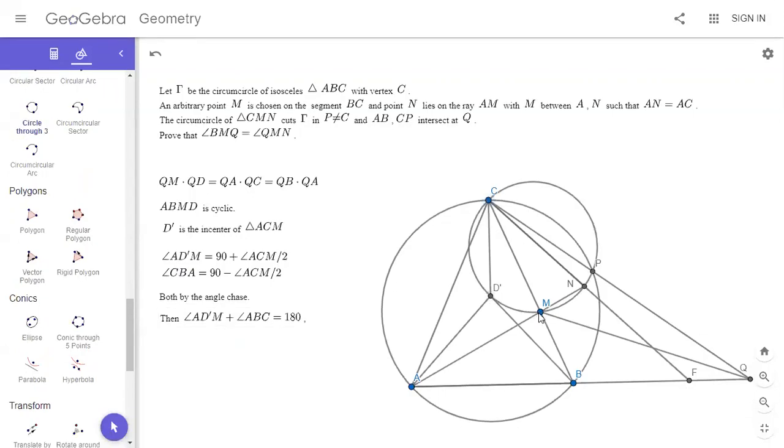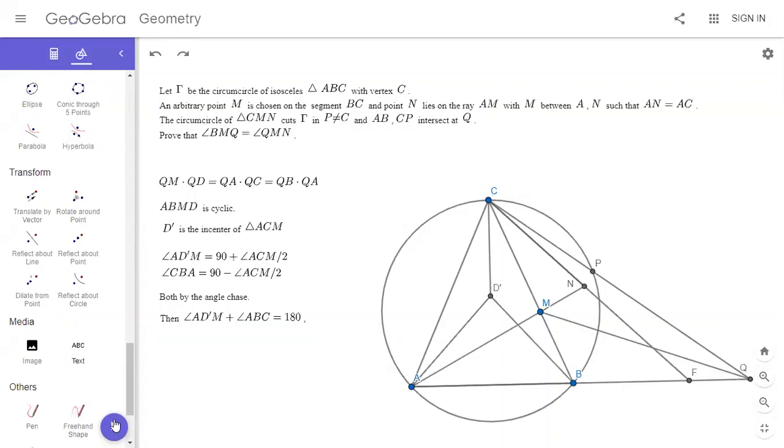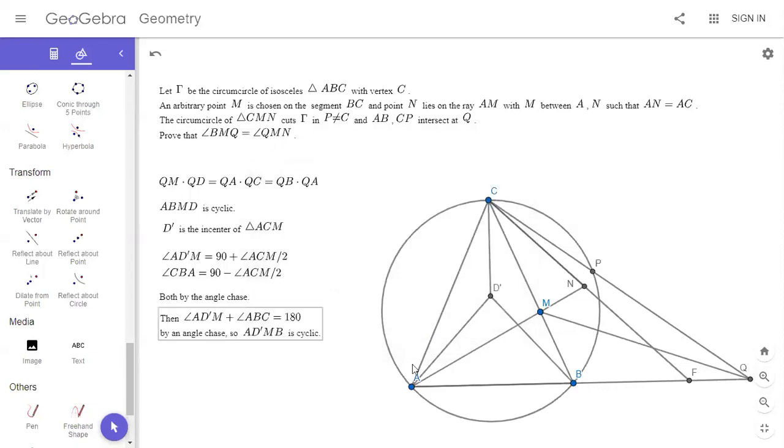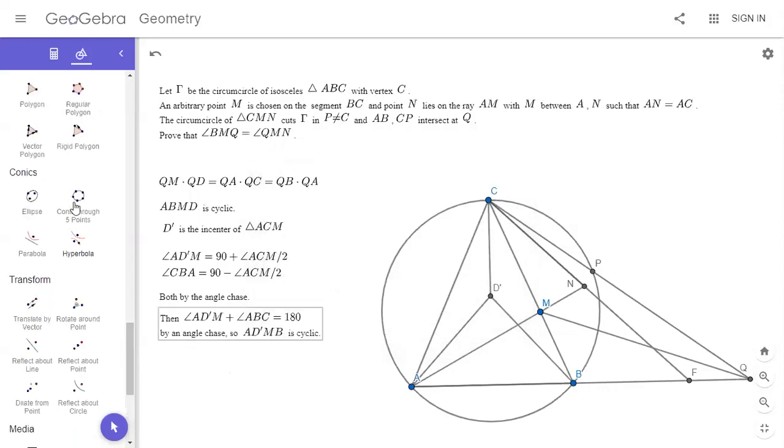because we have AC is equal to AN. So I'm going to draw that in.